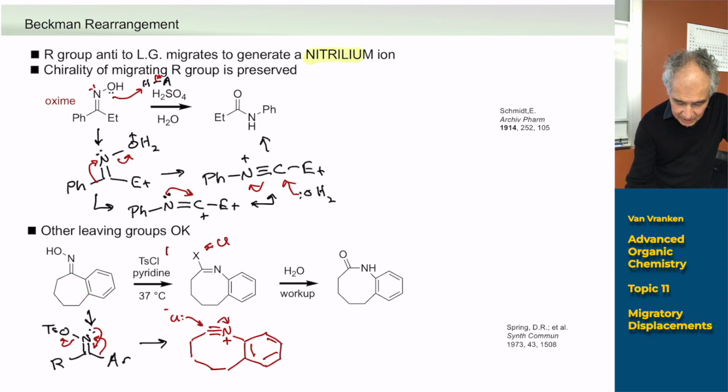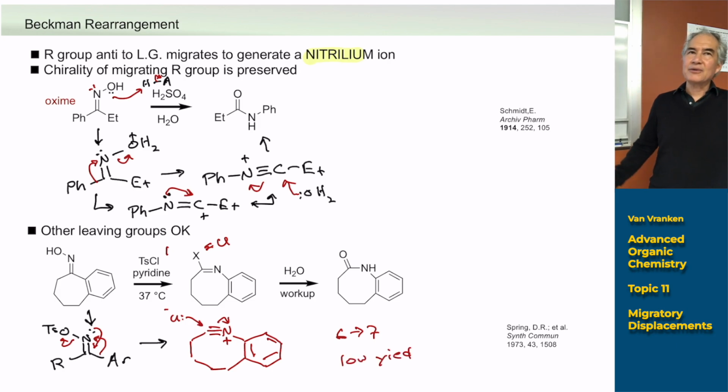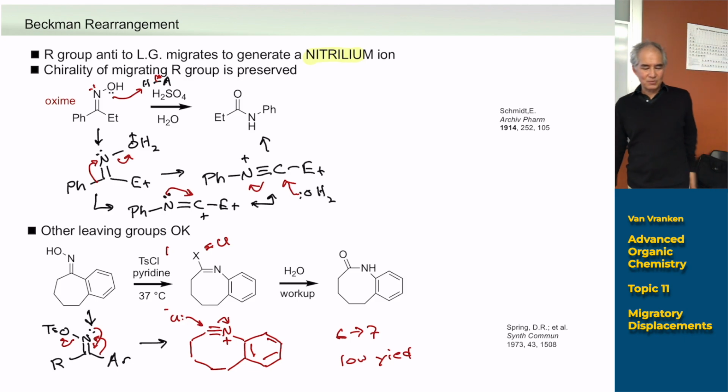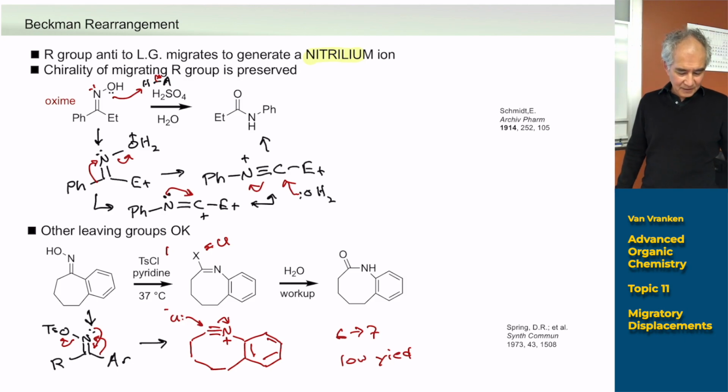They get a pretty decent yield off of that. When they tried to do this by starting with a 6 and expanding it to 7, they gave low yield. It gave low yield in that process because the 7-membered ring just can't handle the triple bond.